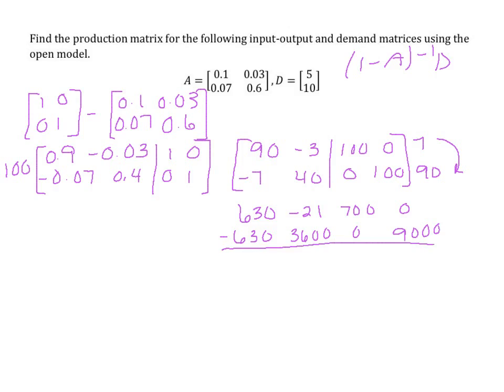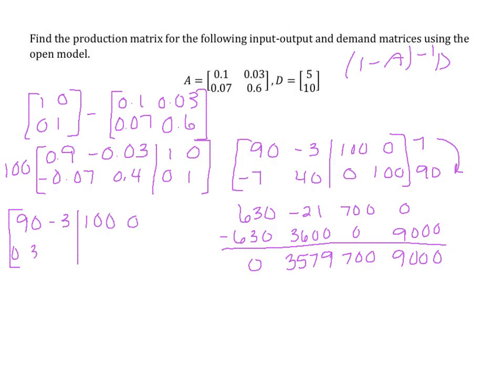So when I add these together, I'll get 0, 3579, 700, and 9000. So that will be my new bottom. Kind of large.